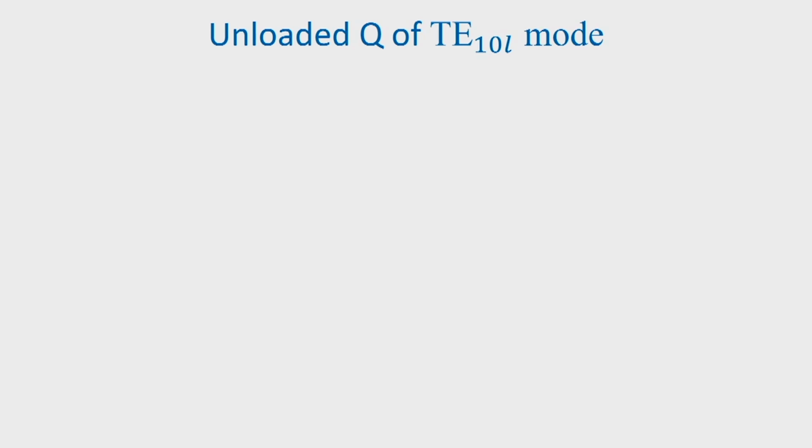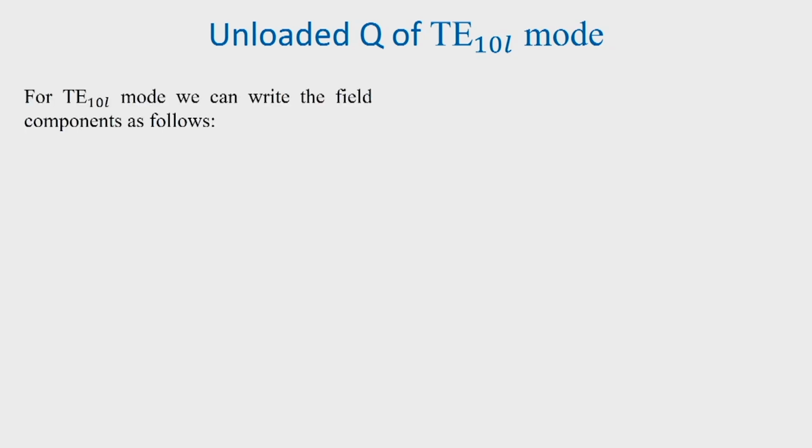Now, let us calculate the unloaded Q of TE10l mode. For TE10l mode, we can write the field components. E_y component we can write A plus sin(pi x by a) times e to the power minus j beta z minus e to the power j beta z.